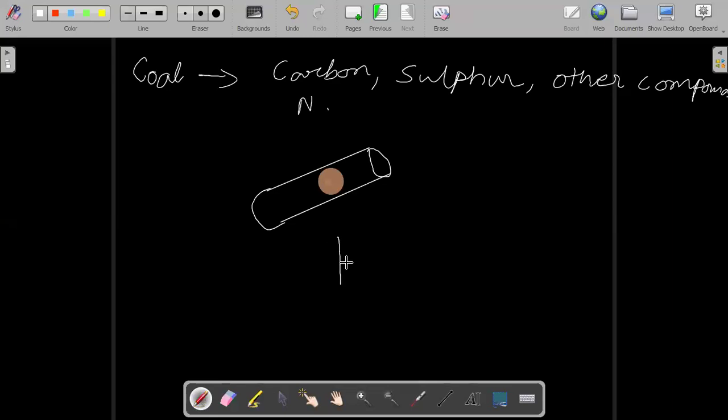When this coal is heated, all the other substances present in it are removed. For example, the sulfur and nitrogen and other gases present move out of it. From here, you will have release of sulfur dioxide gas, and a mixture of other gases which we call coal gas.